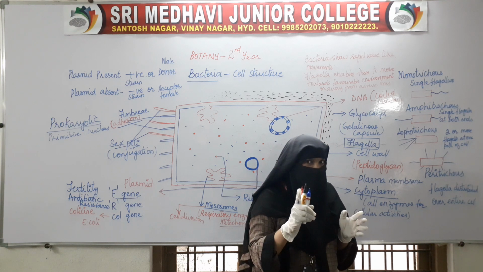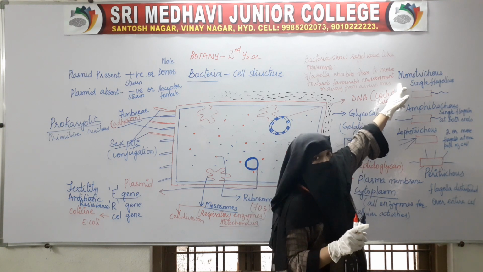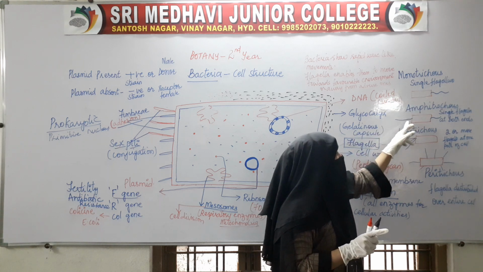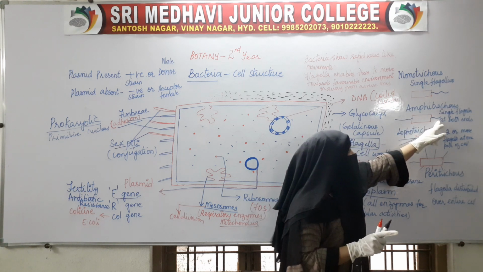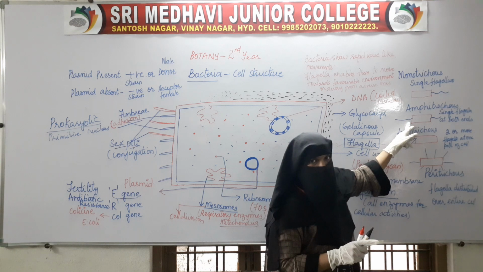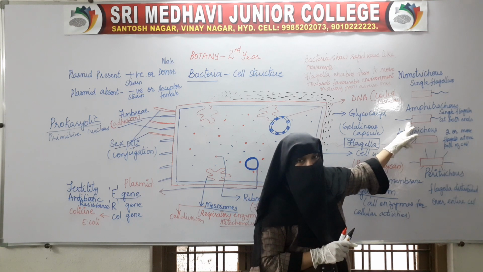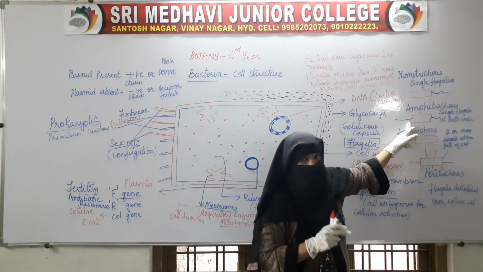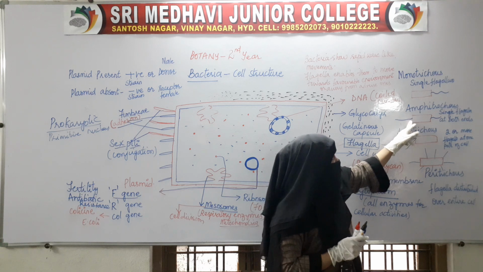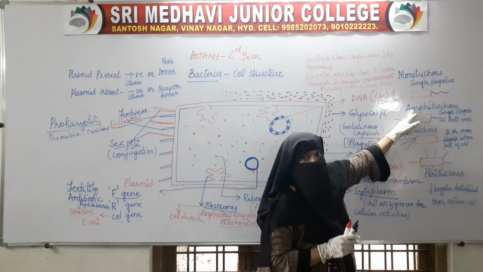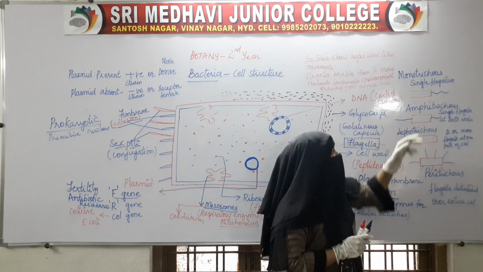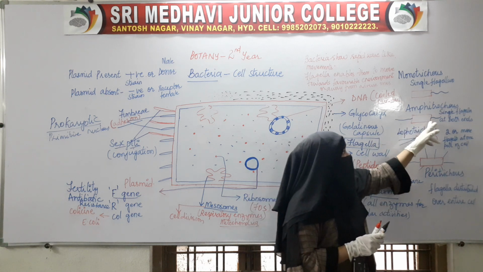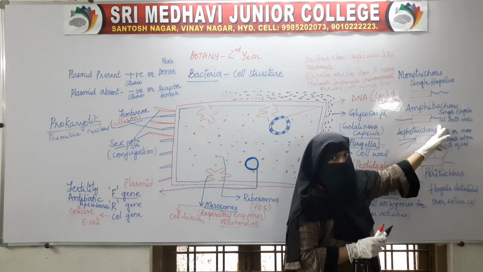If only one flagellum is present, then it is monotrichous. If two are present, one at one pole and one flagellum at the other pole, that is amphitrichous, a single flagellum at both the ends.